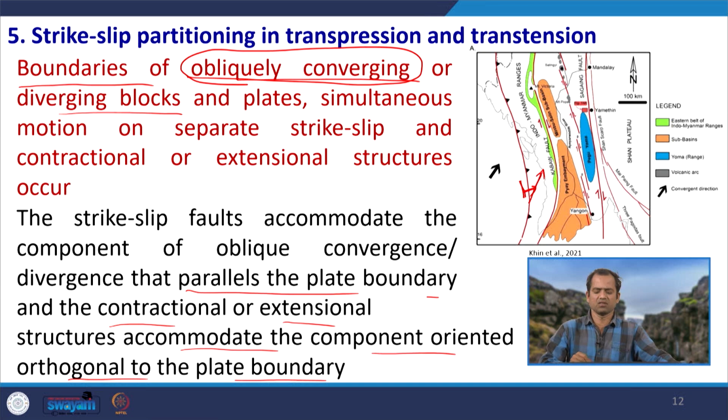So, that is why this is an oblique slip system. That will be either compressional or extensional, depending upon the geometry and the stress, that is, in which direction the opposite blocks are moving. So, by and large, one will be the strike slip component, and the other component will be orthogonal to that. The orthogonal one may be compressional or extensional.